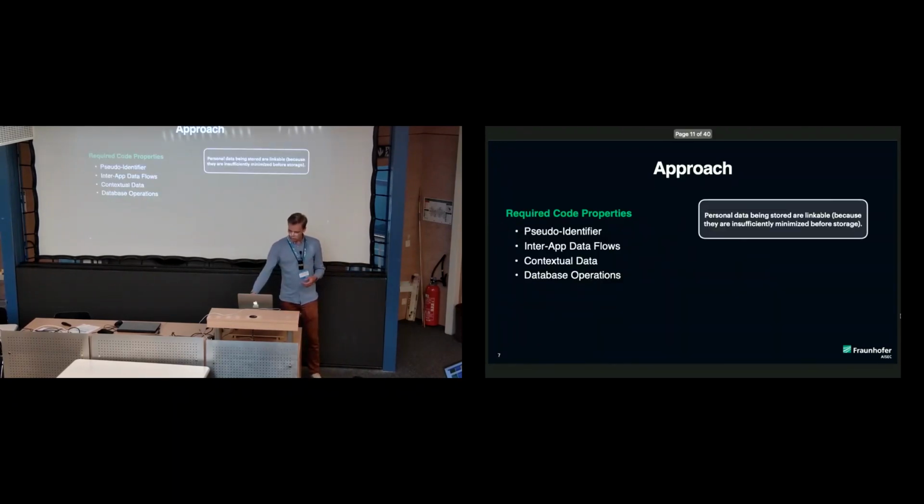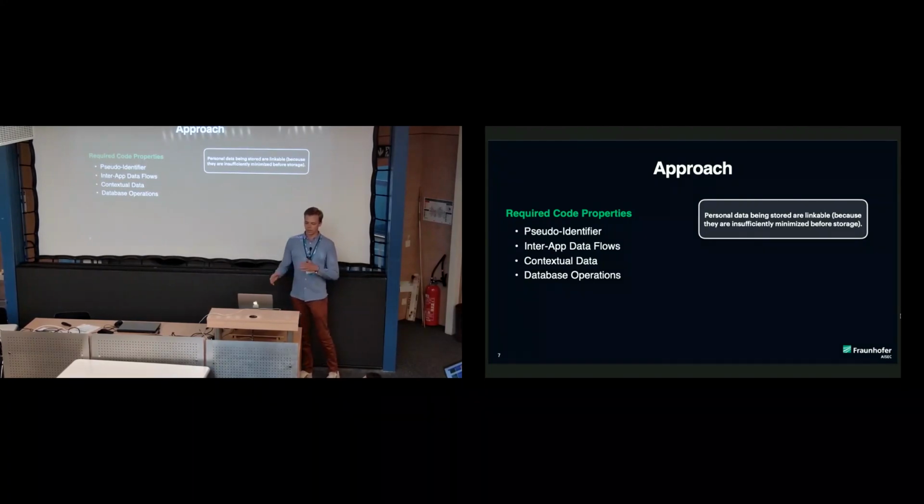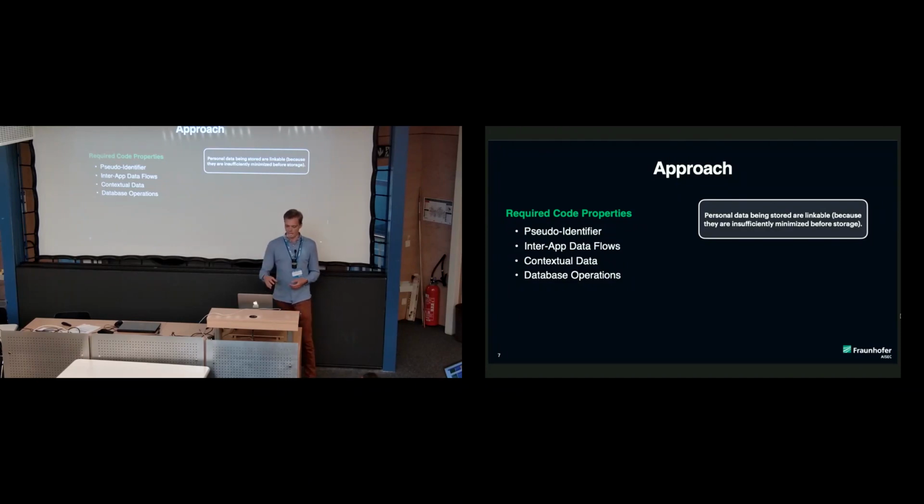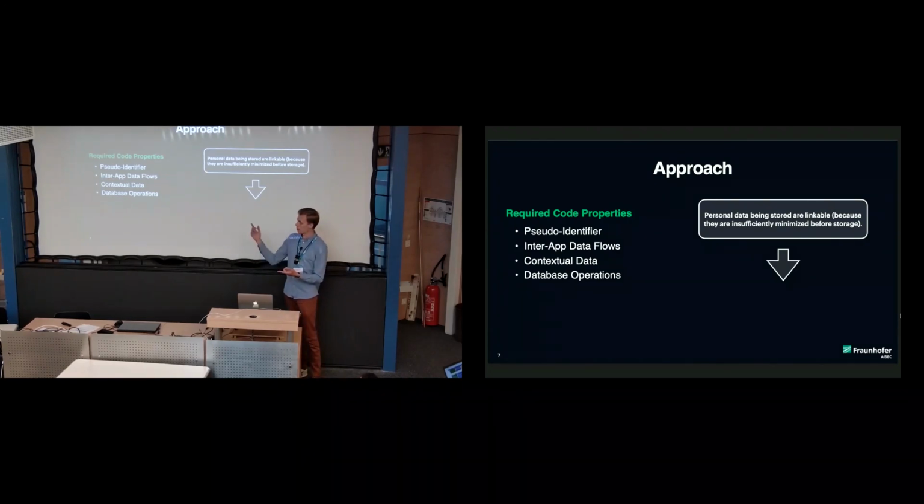And I'll stay kind of with this example. Personal data being stored are linkable. I cannot cover all of this now in the presentation, but just give you a few examples. So part of this threat, if you would want to detect that in the graph, would be obviously to detect pseudo-identifiers. So you want to detect the code entities that really hold this personal data. You want to detect data flows of them.